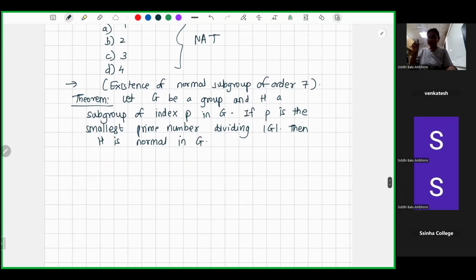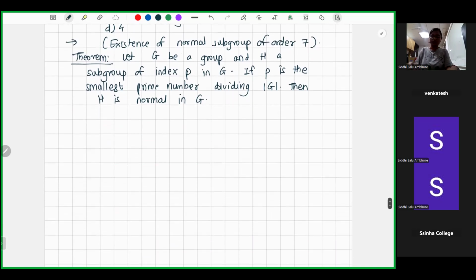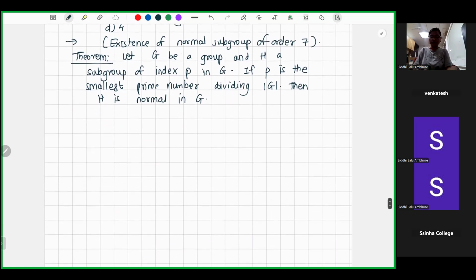So this is, I have a subgroup such that its index is p and that p is the smallest.